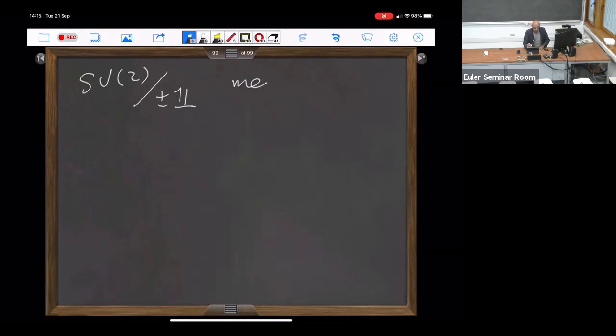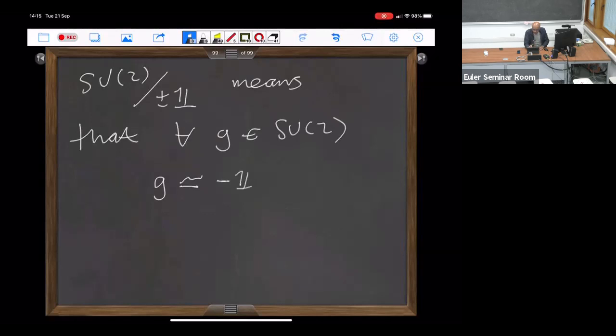So SU2 modulo plus or minus 1 means that for all elements of SU2, G is considered to be equivalent to minus the identity times G for all G. Okay, so this defines you a new group, this equivalence relation.